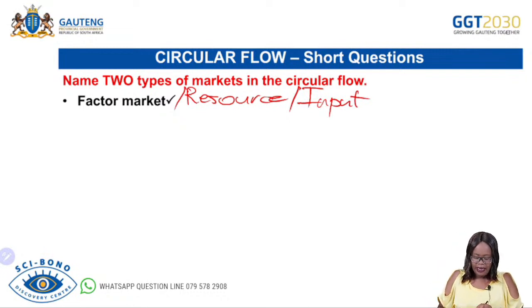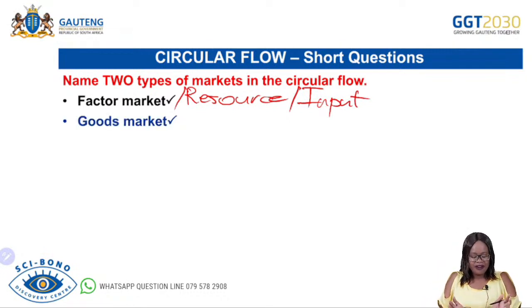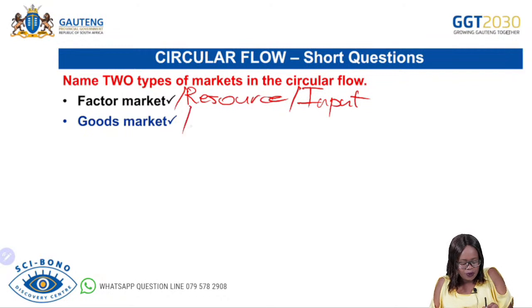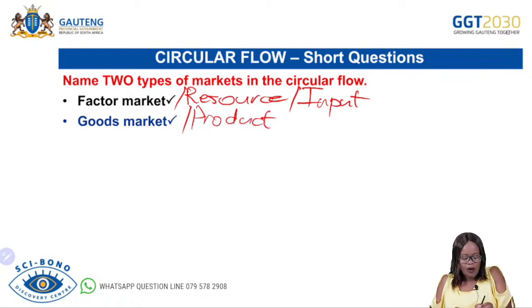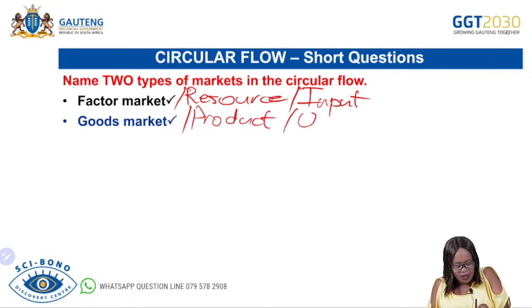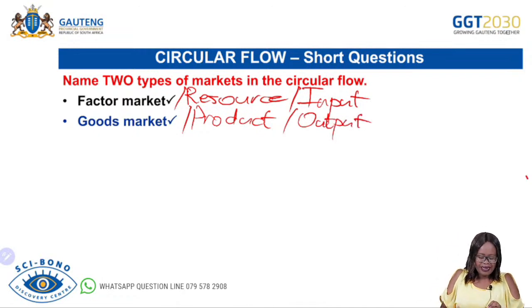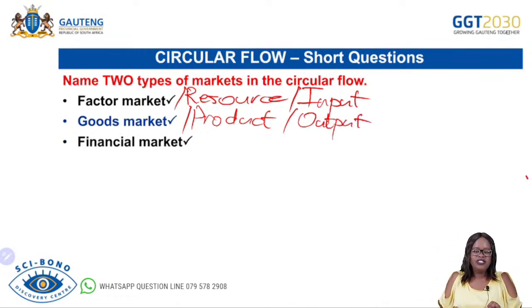And then another market that you may make reference to here is going to be a goods market. A goods market is also referred to as what? As a product market, or it could be what you call an output market. And then another possible answer for this particular question may be a financial market.